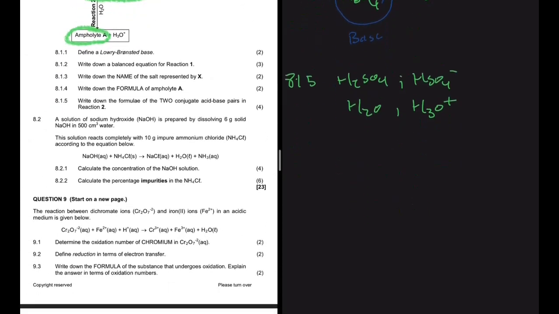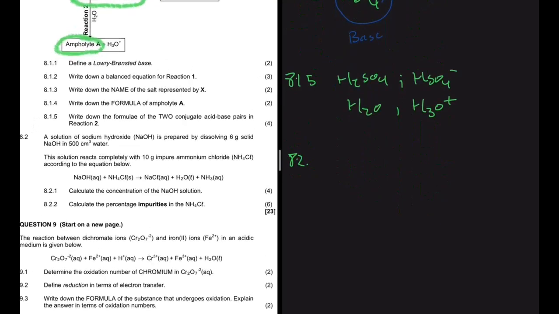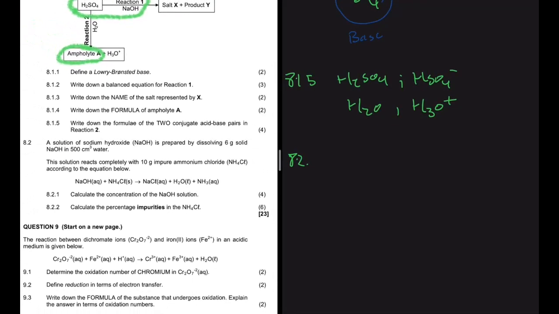Now let's move to 8.2. 8.2 says a solution of sodium hydroxide, NaOH, is prepared by dissolving 6 grams solid NaOH in 500 centimeter cube of water. This solution reacts completely with 10 grams of impure ammonium chloride, NH4Cl, according to the equation below.